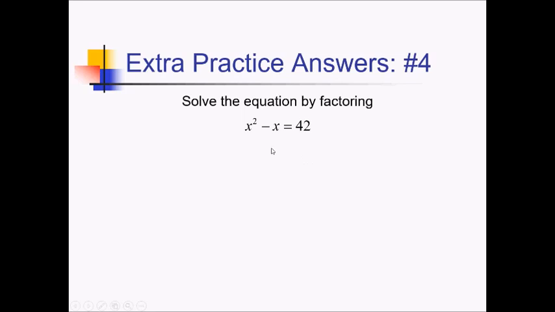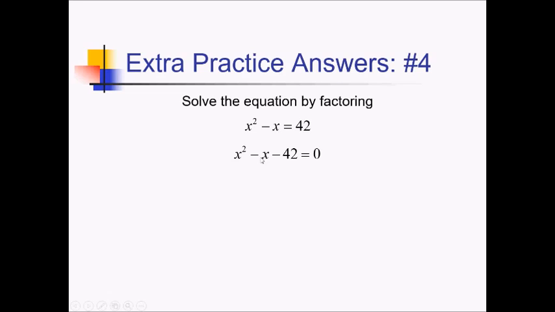To solve this equation by factoring, I need to get that 42 over to the left side. I'll do that by subtracting it. Now that I've got 0 on the other side, I can factor the left side and set each factor equal to 0. So now I need factors of negative 42 that add up to negative 1. So what are our choices? We've got 1 and 42, definitely won't work.